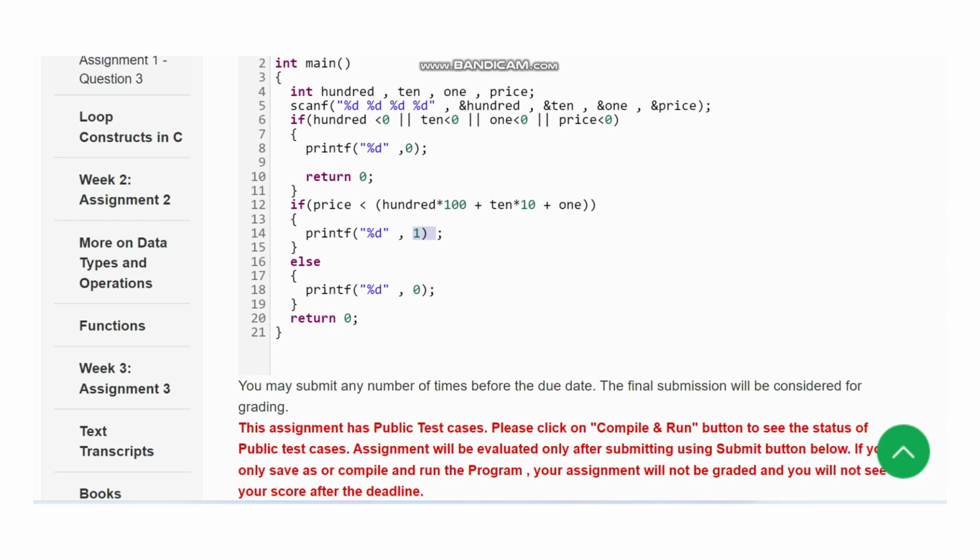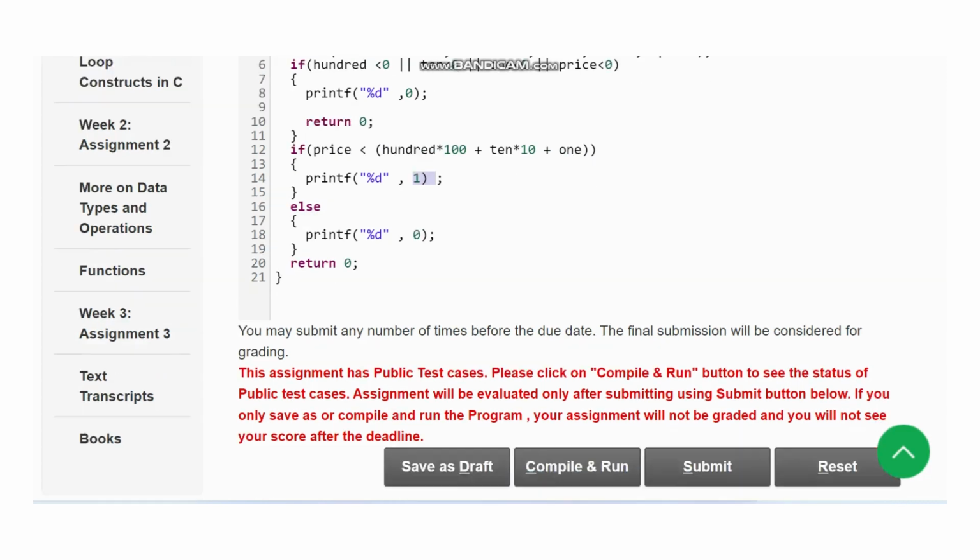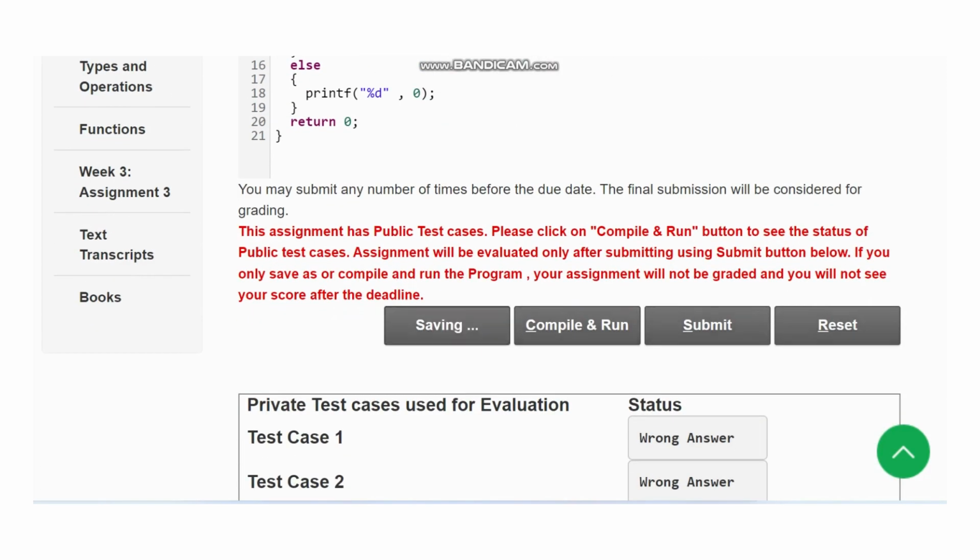This is the source code logic I have implemented for the given problem. And we just have to save, compile and run.